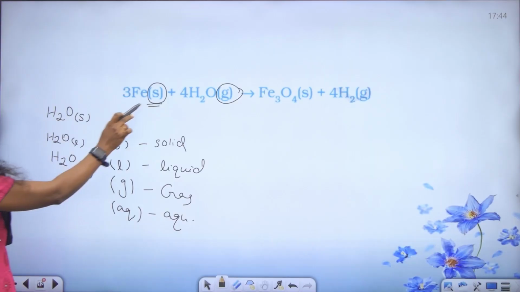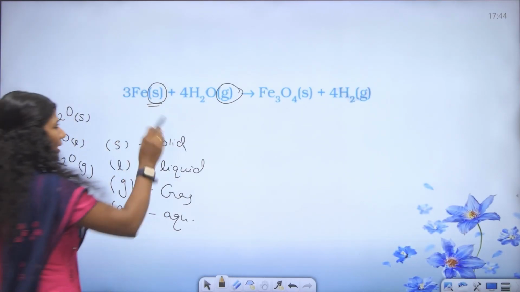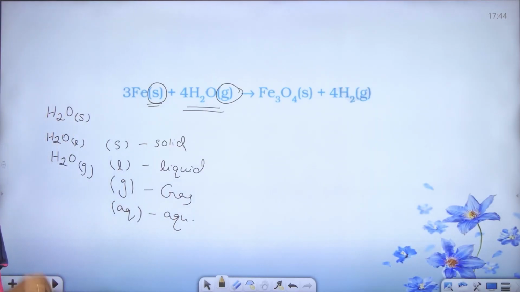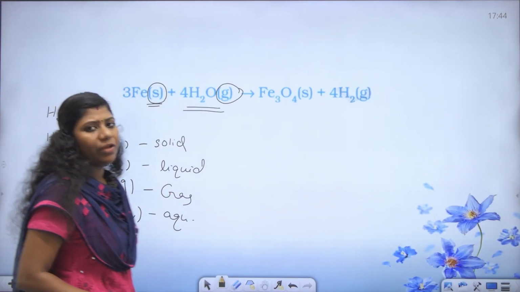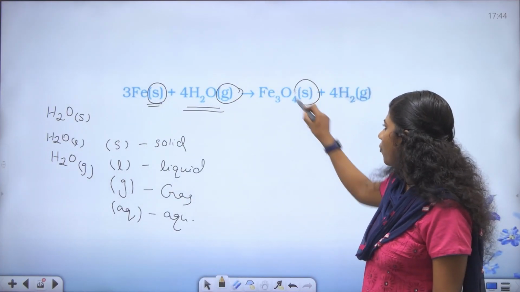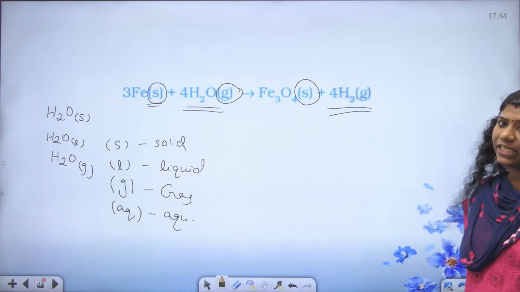Here, iron is in the solid state and water in the gaseous state, that is steam. Iron reacts with the steam to form Fe3O4, iron oxide. Fe3O4 in solid state, and also forms hydrogen gas.